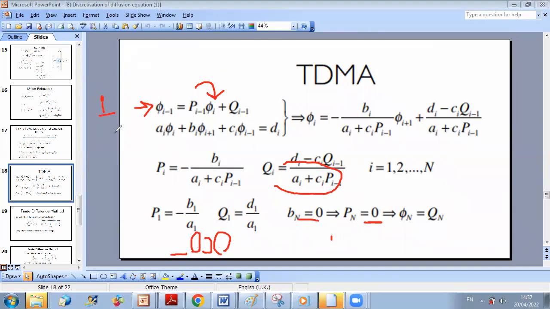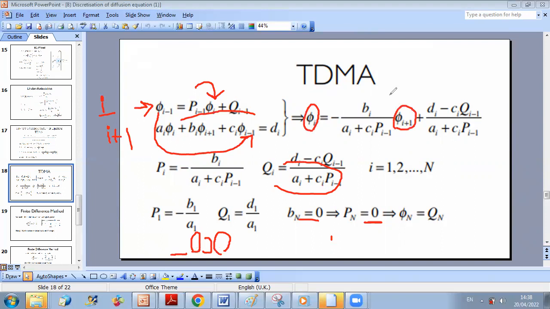Okay. Now if I move to cell i plus 1, in this cell I can write the following. I can write that Ai phi i plus Bi phi i plus 1 plus Ci phi i minus 1 equals Di. So let me now replace in this expression phi i minus 1 by its value function of phi i. This is exactly what we did together in the previous step. So we can deduce then that we can come up with an expression of phi i function of phi i plus 1.